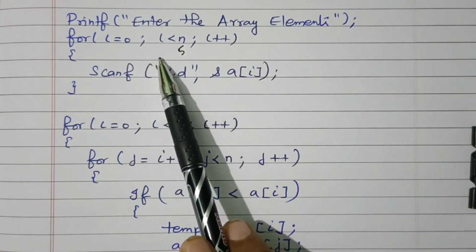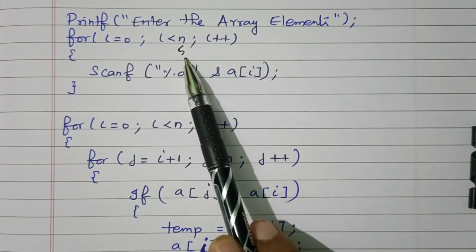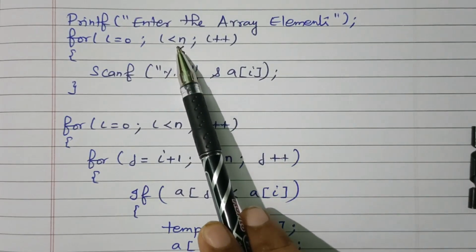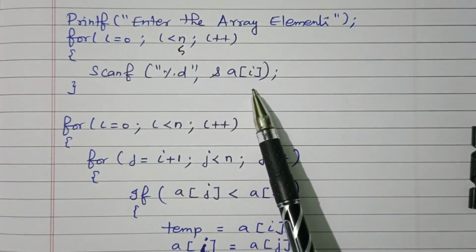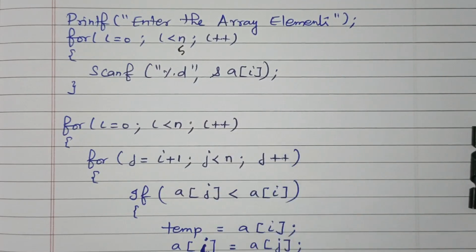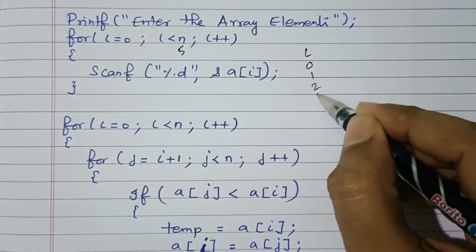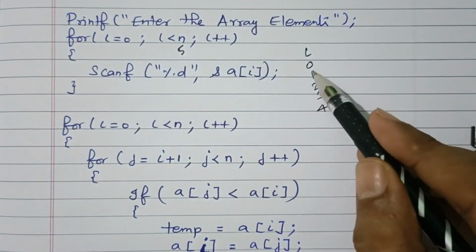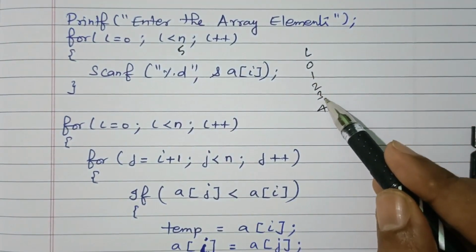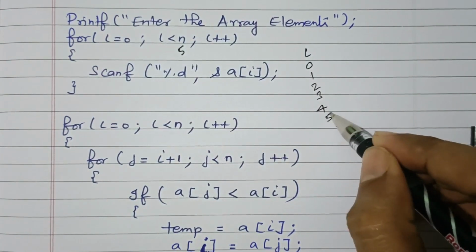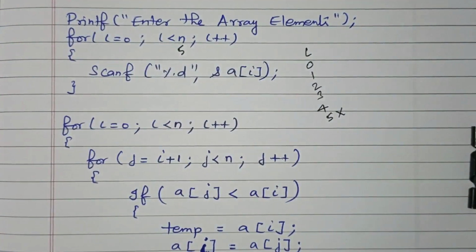So 0, 1, 2, 3, 4 are valid, 5 is invalid, and the loop will be terminated. The 5 numbers the user enters are stored in a[0], a[1], a[2], a[3] and a[4]. Right, now we have received the array elements from the user.